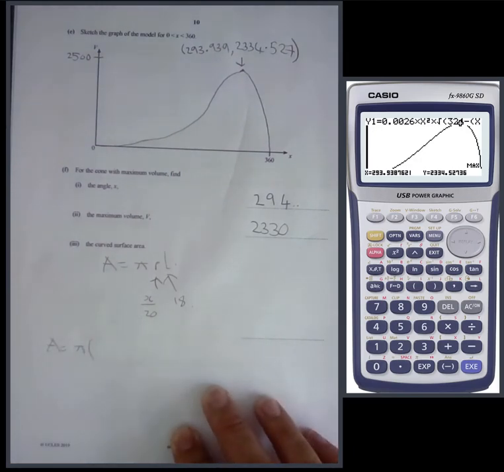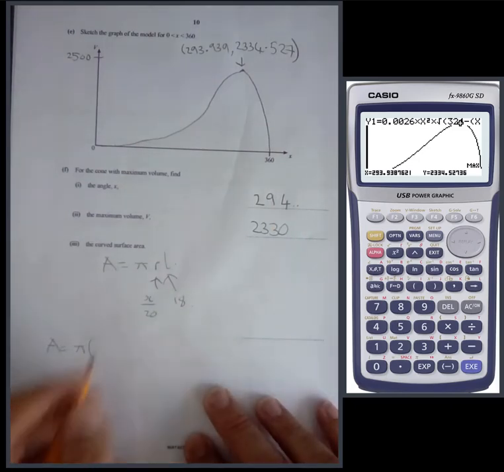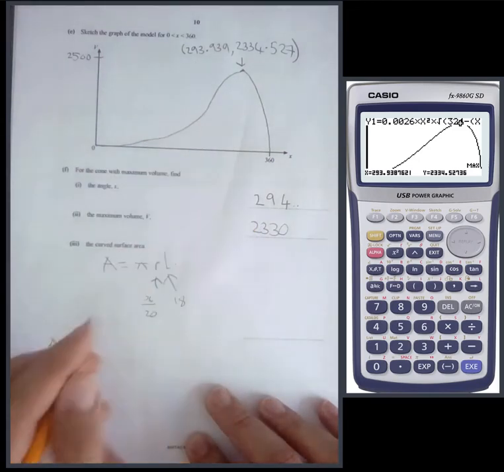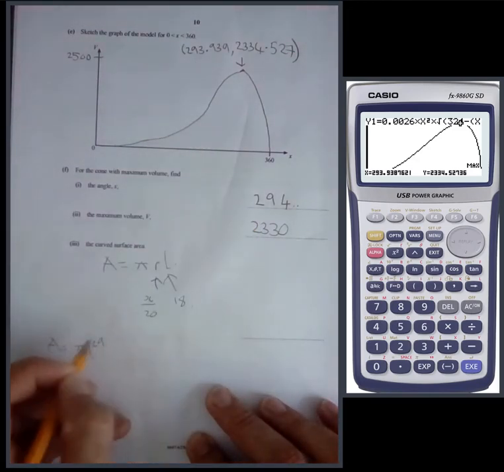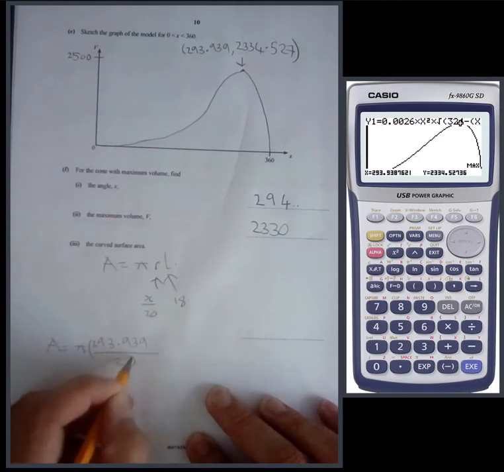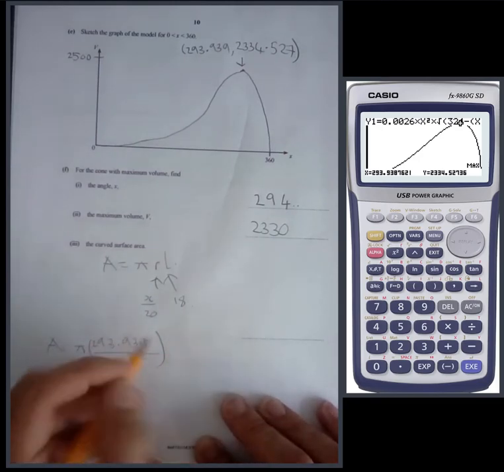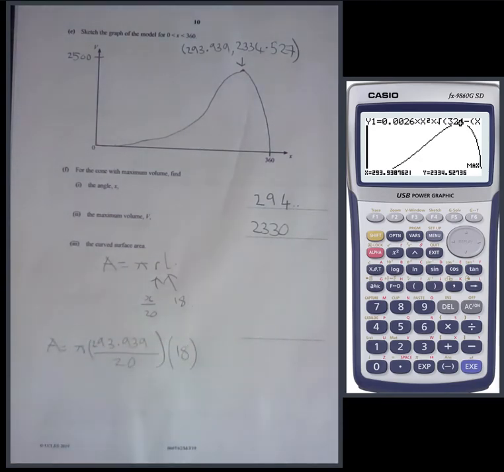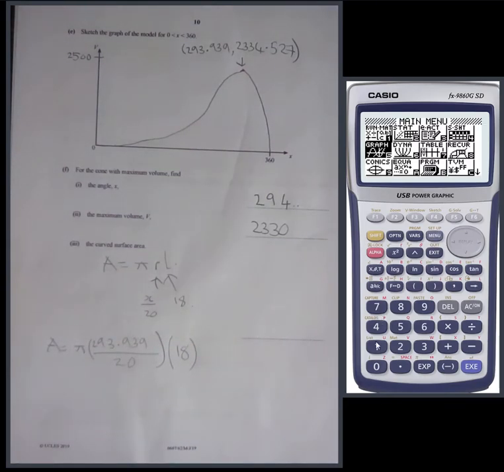And now I am going to use the greatest deal of accuracy, or certainly more than three significant figures. So pi times R, which is going to be 293.939 over 20 times 18. Okay, so let's have a look at that. Back to the main bit, the calculator.